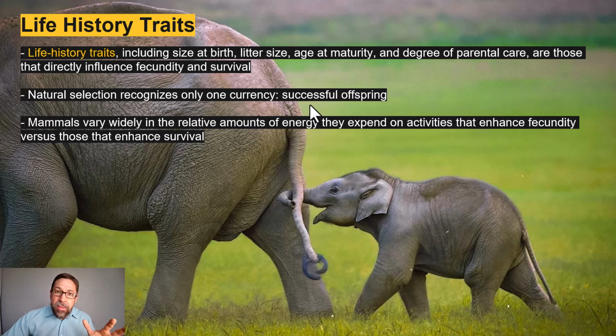So different mammalian lineages have evolved different strategies to maximize their evolutionary fitness, different approaches to the amount of energy, relative energy, that we're going to allocate towards our own survival versus investing in our reproductive output at this time.